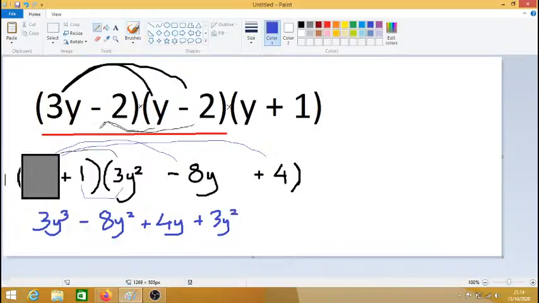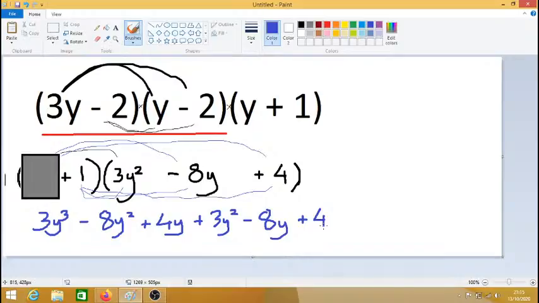Then you've got 1 times the minus 8y. And then you've got 1 times the plus 4. And that's the expanding done.